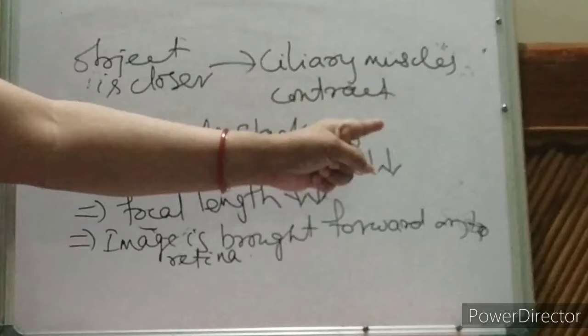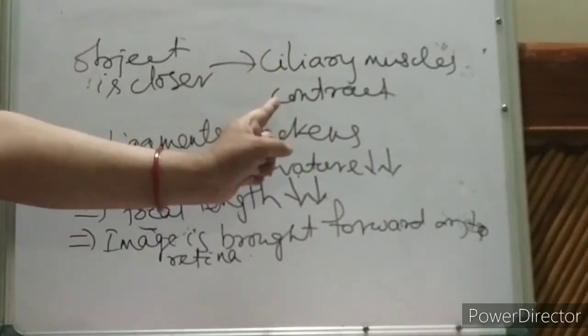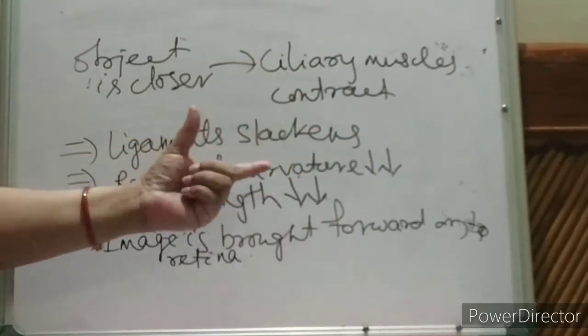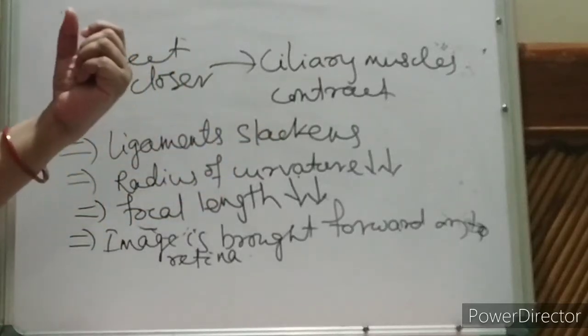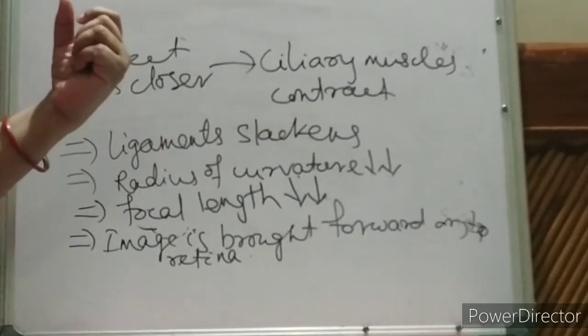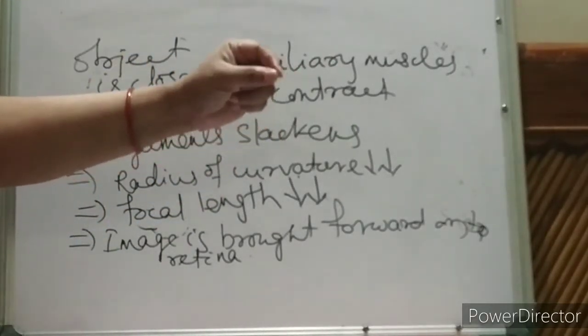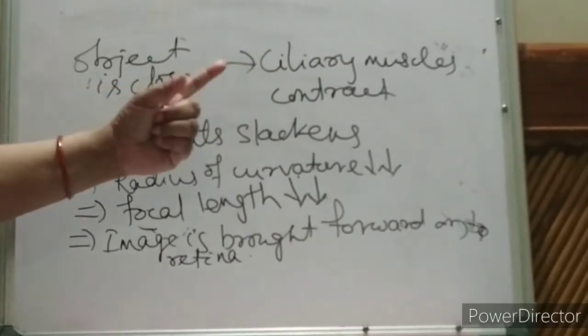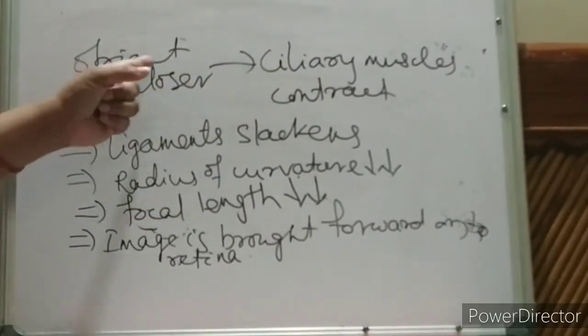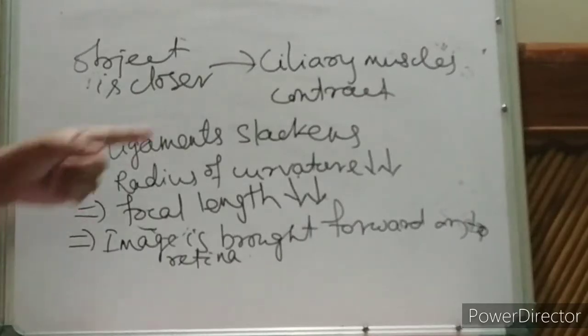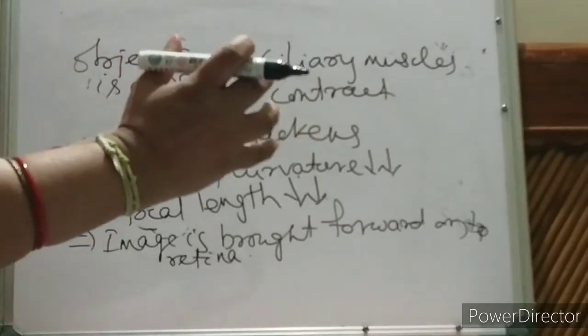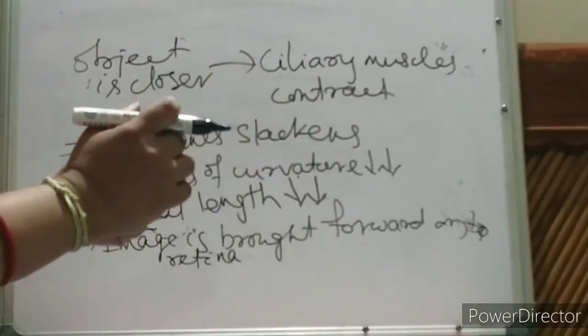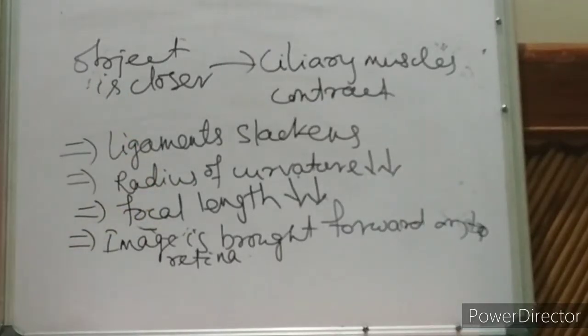But what we want is the image formed on the retina. That means we have to reduce the focal length, so that the rays will converge on the retina. To reduce the focal length, your ciliary muscles will contract. So when ciliary muscles contract, your focal length is reduced. Is it clear, children? The working of our eye.